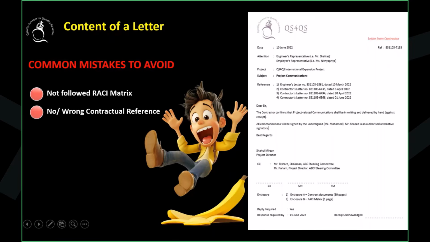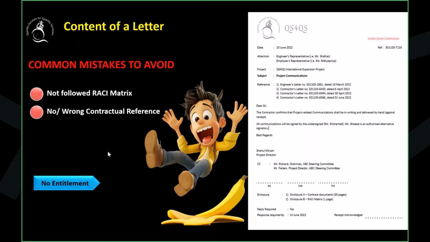Okay, then contractual references. If you're writing any contractual letters, you have to mention the contractual references. If you don't mention the contractual references, where you are getting this entitlement or where is your rights under this contract? If you don't have the rights, you don't have right to ask. So therefore you have to measure your contractual provisions.